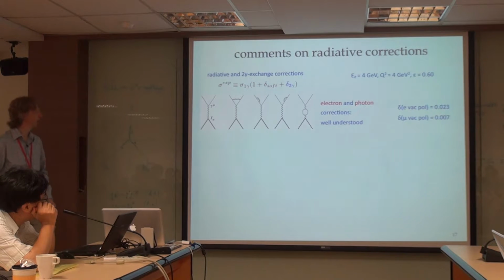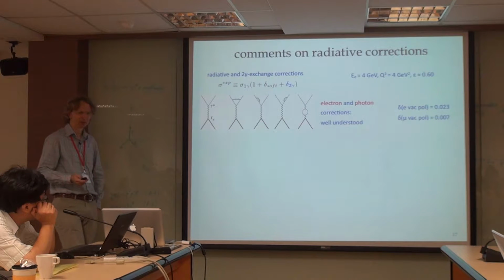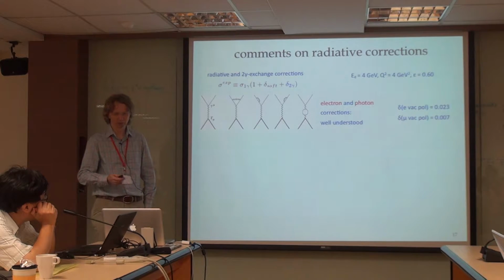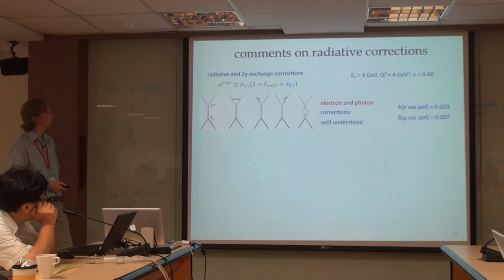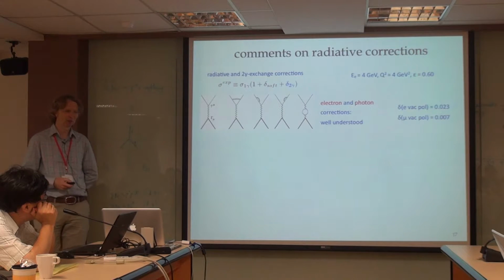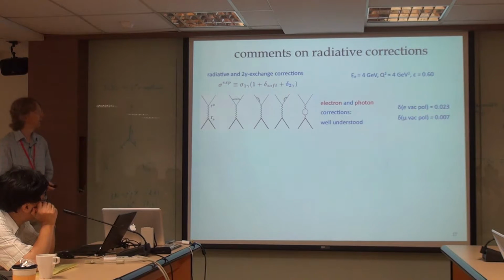So before going there, let me give you a general comment, because that's also something which is of relevance for this proton radius puzzle. How well do we understand electron scattering cross-sections? And to ask oneself how well one understands it, one needs to see how well one understands radiative corrections to these cross-sections.